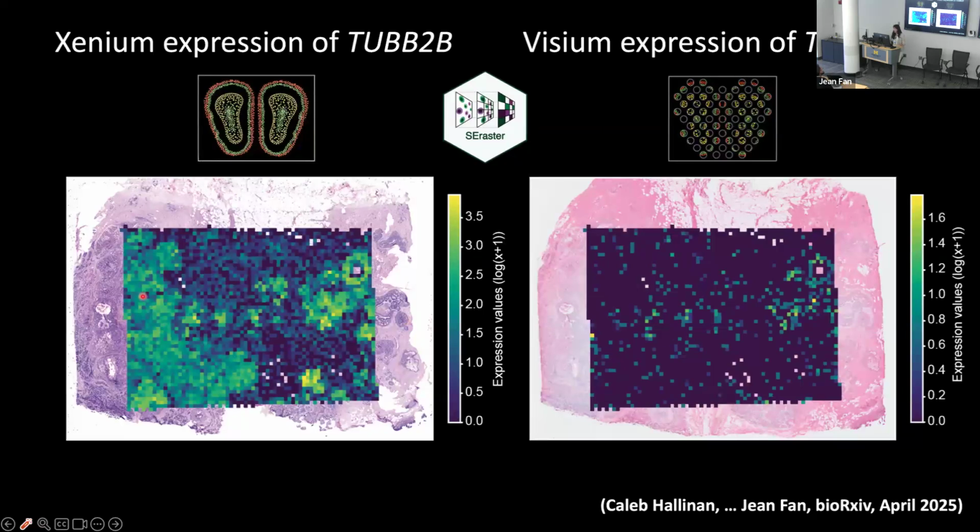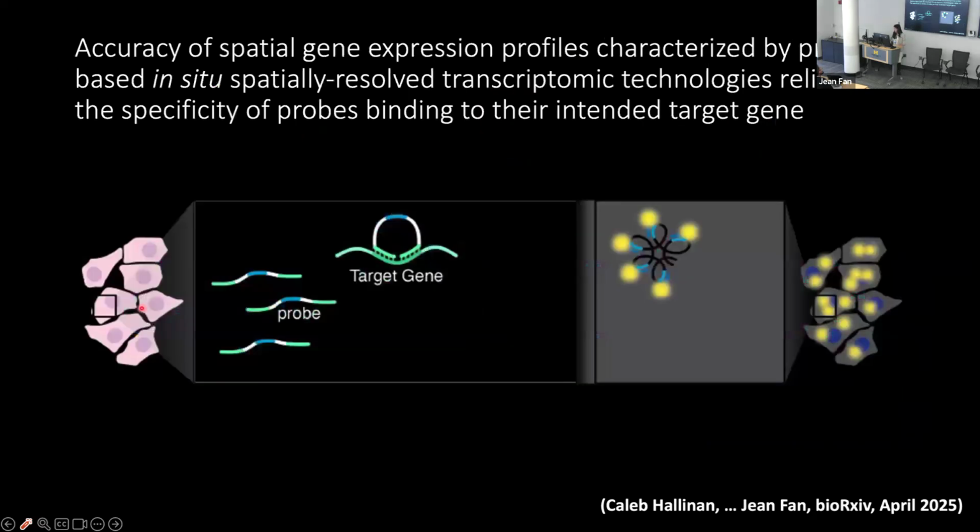We get very high expression in this region of the tissue that we don't see here. So this again piqued our curiosity. What is explaining the difference between these two technologies? We're using them to profile roughly the same tissue, but they're giving us very different results. So in order to understand the potential source for these discrepancies, we do have to understand how these technologies work.